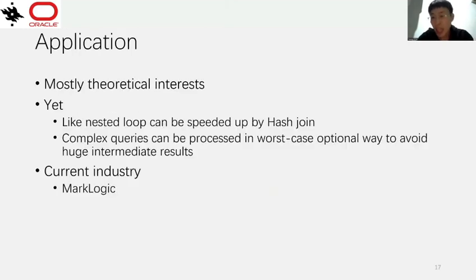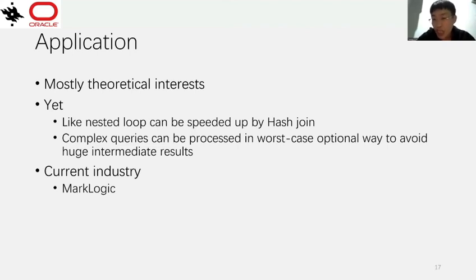Last, the application in this field. To be honest, this topic is mostly theoretically interesting now. The advantage of the method is just like a nested loop being sped up by building an index like a hash table, then joining. So in databases, whether single model or cross model, if complex queries can be detected, this worst case optimal join algorithm can be applied.